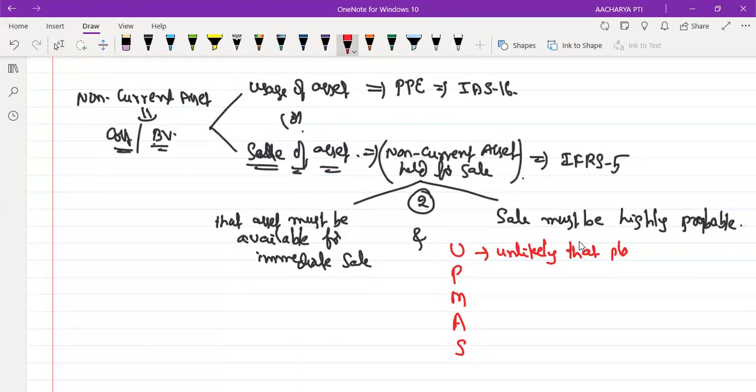That is, the management does not change its plan to retain the asset. The management should restrict itself to the plan to sell the asset, and the management should take action regarding the sale of that asset. And the price should be based on fair value.